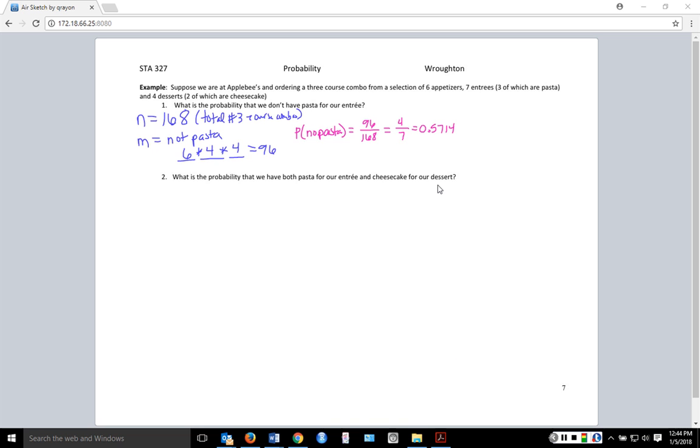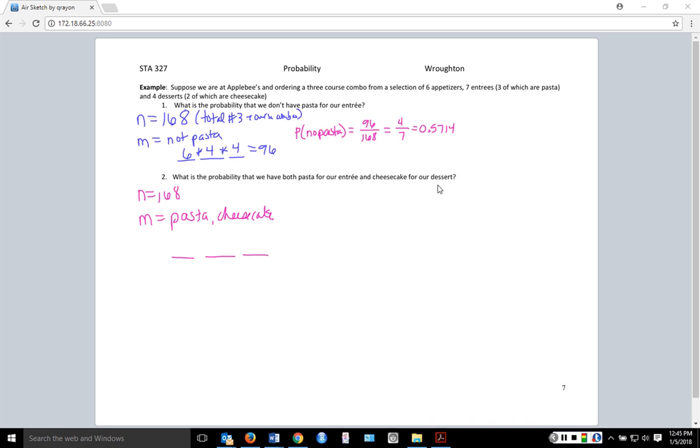Now for number 2, we're looking at the probability we have both pasta for the entree and cheesecake for the dessert. So still, total number of 168 possible 3-course combos. And we've got to have pasta, and we got to have cheesecake. Alright, so if I have to have pasta and I have to have cheesecake, how many appetizers can I pick from?